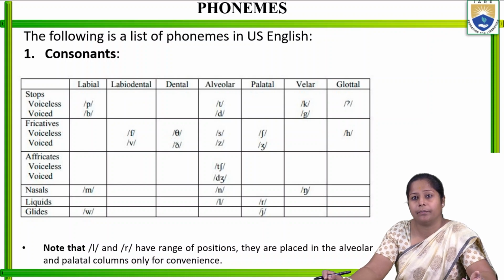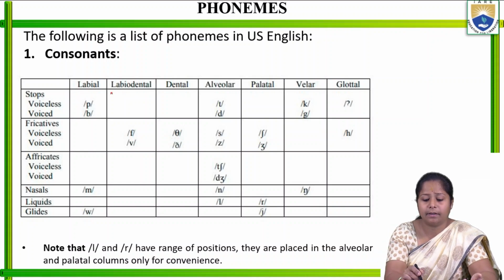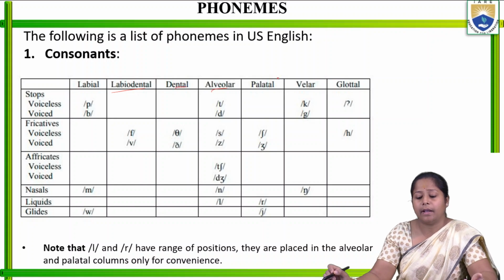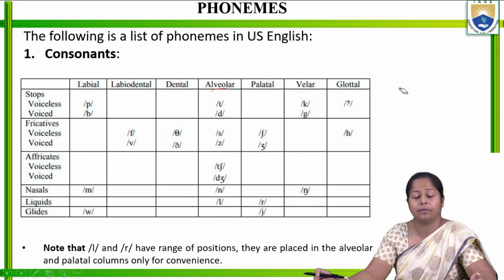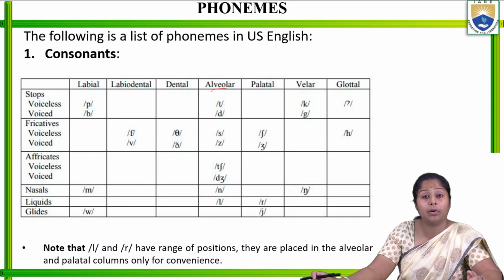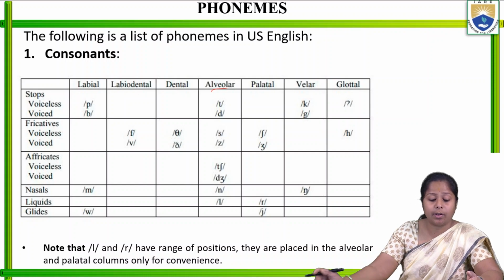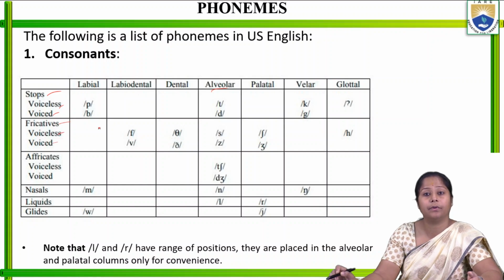This is a table you can see here, which makes different categories, different types of these phonemes: labial, labiodental, dental, alveolar, palatal, velar, and glottal. On the left-hand side, in the different rows, there are stops, voiceless and voiced categories. Again fricatives, voiceless and voiced categories.